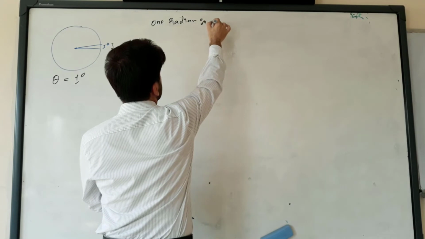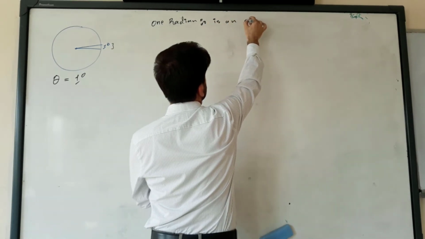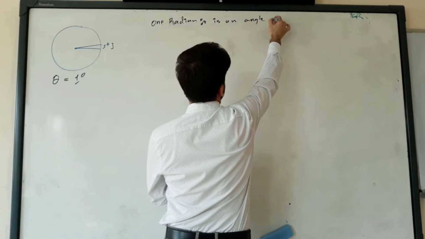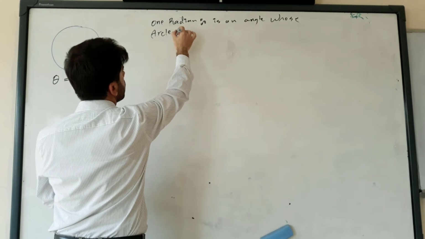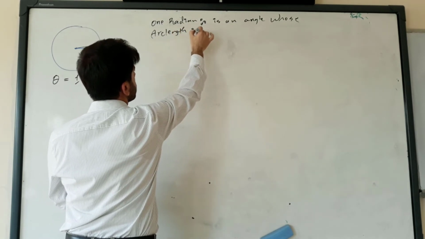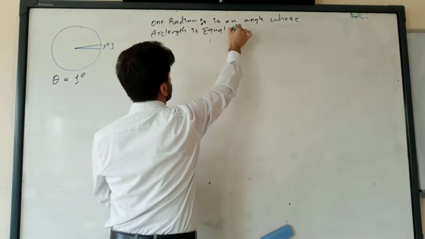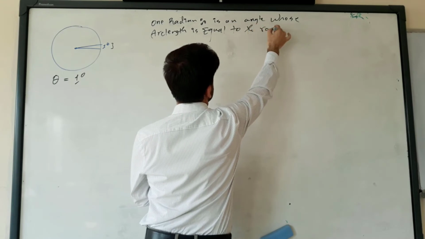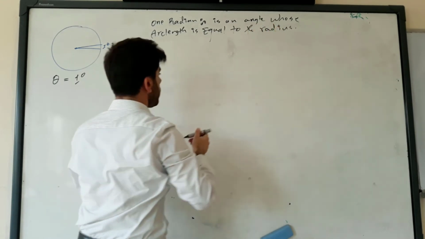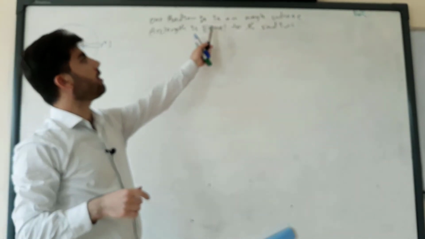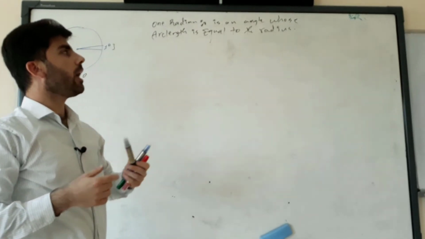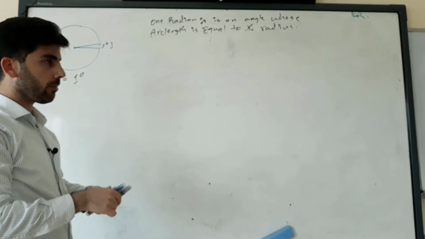1 radian, guys, is an angle whose arc length is equal to the radius. We get 1 radian when the arc length of the path is equal to the radius of the circular path.